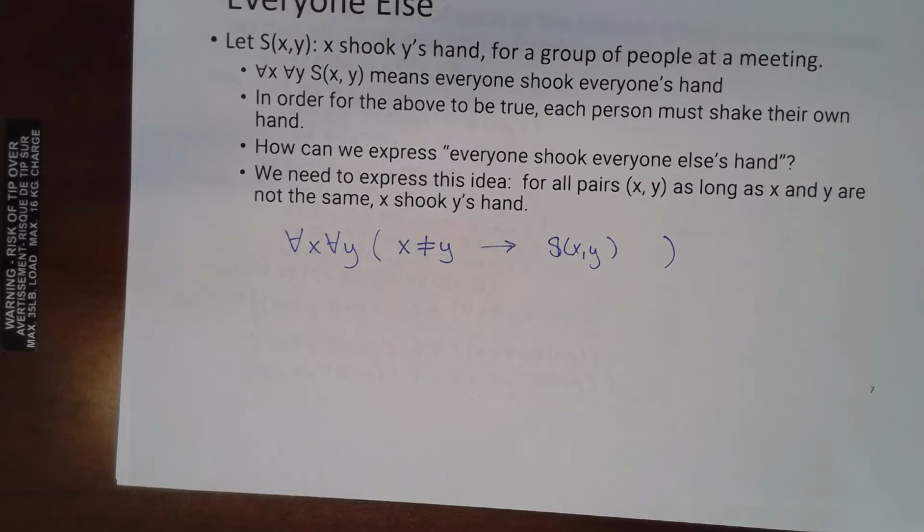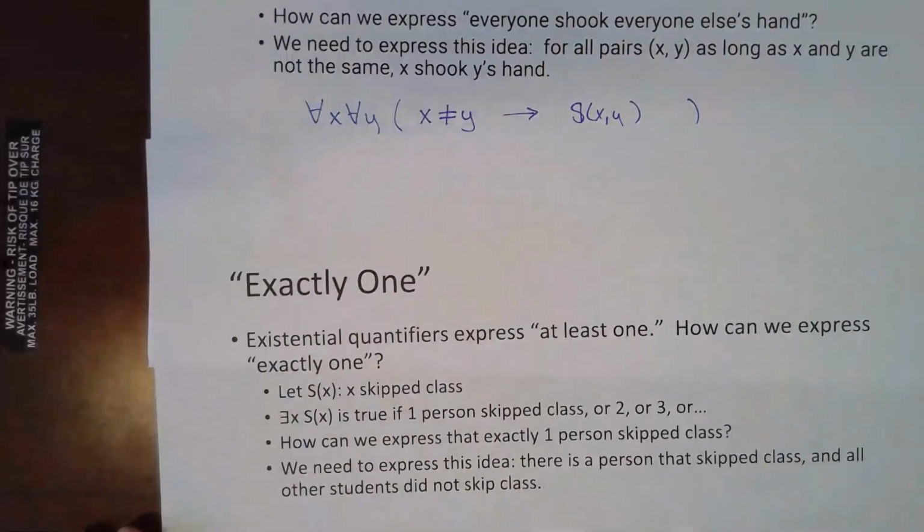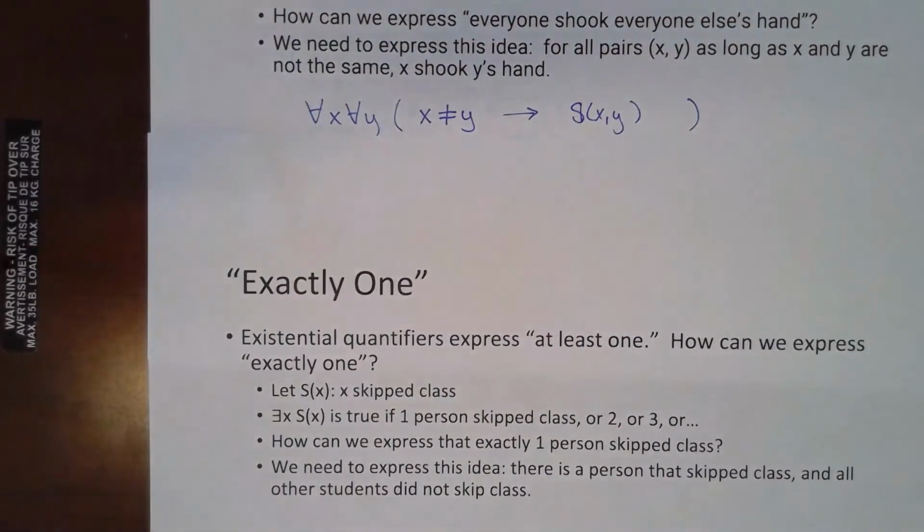The other one that's tricky to represent is exactly one. If you just use the existential quantifier, that means at least one, but it doesn't mean exactly one. So for example, let's say S(x) means x skipped class.